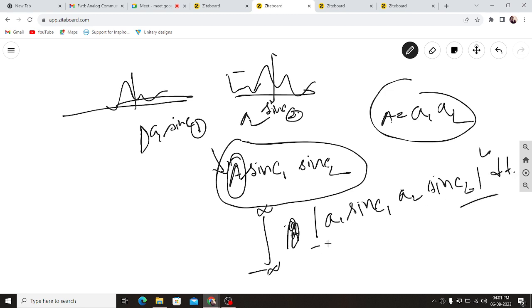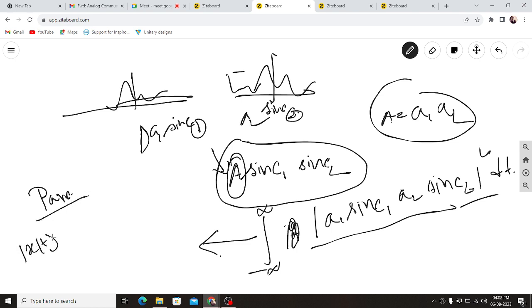So this process is a very hectic process. In this case we can apply Parseval's theorem. What Parseval's theorem says is that we have a time domain signal xt and it has a Fourier domain representation, and these two terms will always be equal.